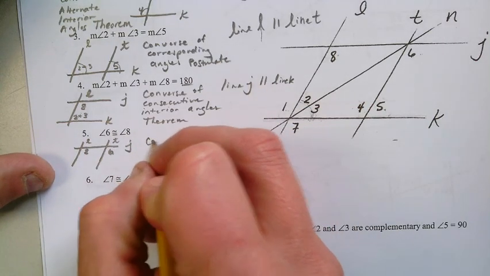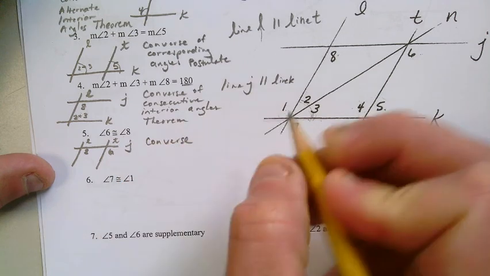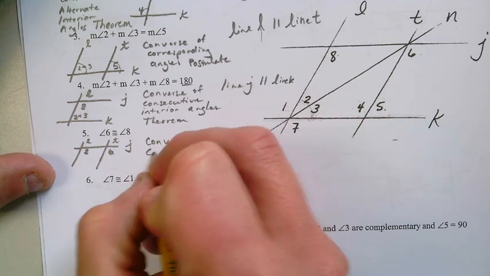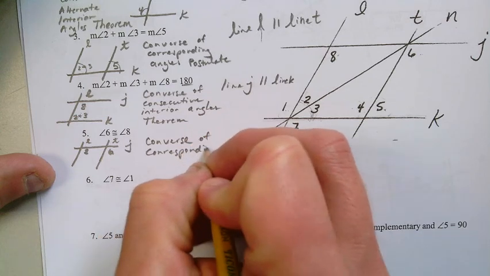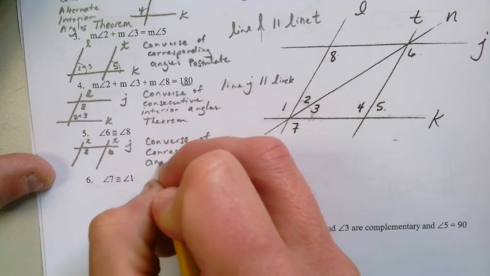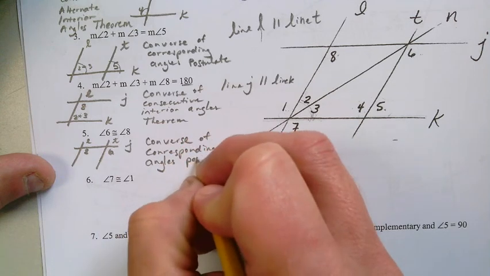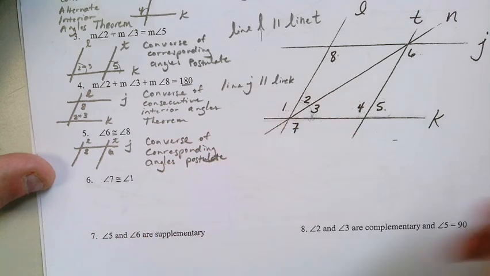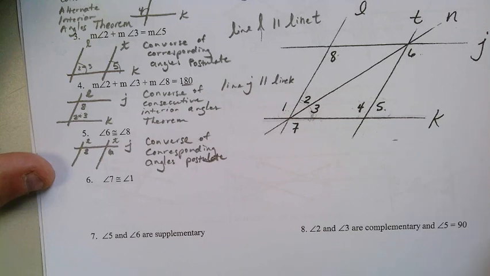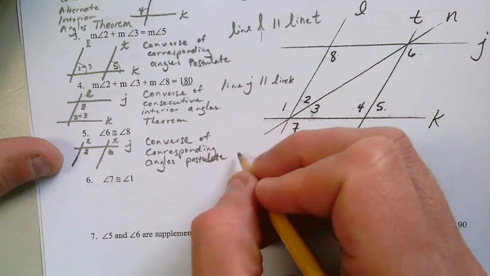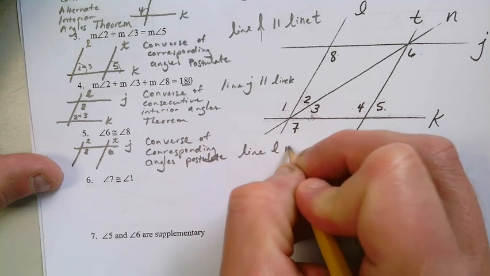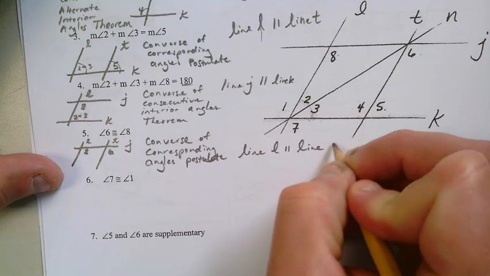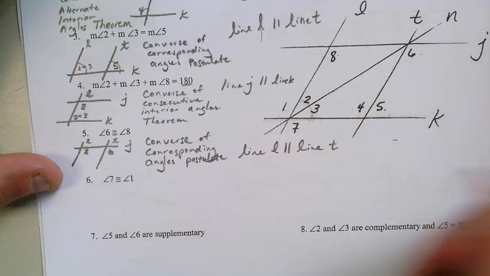If corresponding angles are congruent, then lines are parallel. So from there, J is the transversal, so line L is parallel to line T.